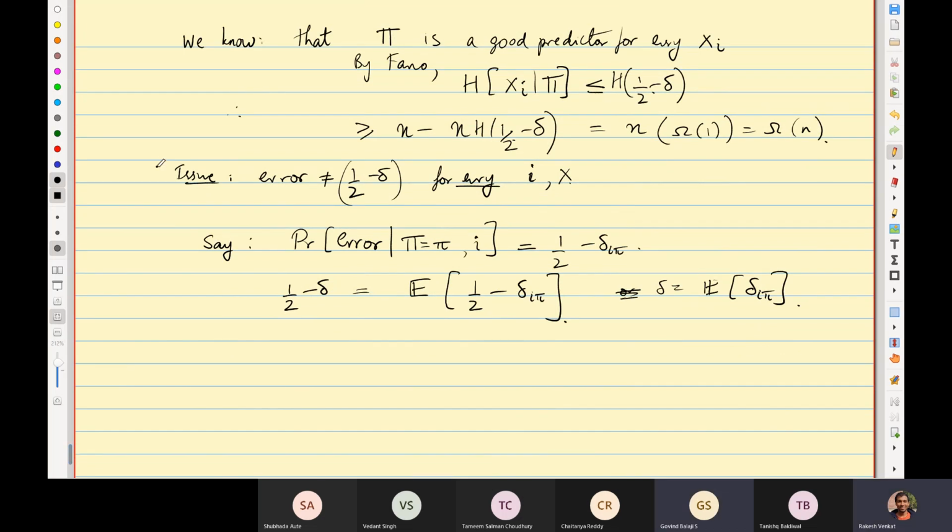Why will the error be an expectation over i as well? Well, it doesn't really matter what i is, because it's just a random expectation over pi. No, see, there are two types of randomness. For every i, there might be a different error for a given message.